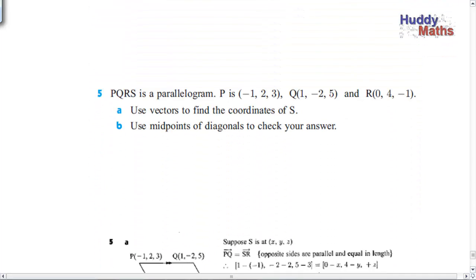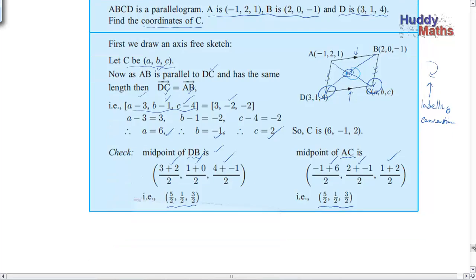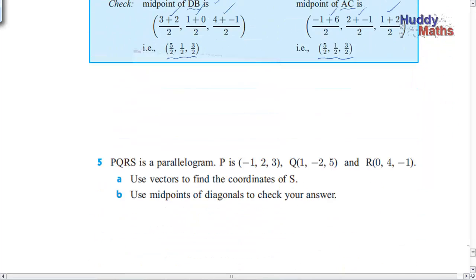Let's have a look now at doing some problems on this. I've only got one for you here. I'll just hide that answer up there a little bit. Hang on, come down here. So we'll just go there, and can you find the missing vertex of this parallelogram? The missing vertex S. It's just leading you into some more complicated figures where there might be some points missing, and you've got to use geometric properties and vectors to find them.